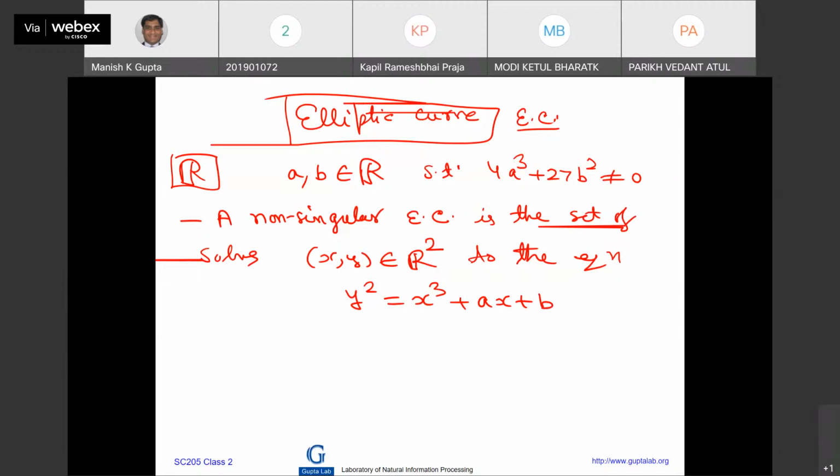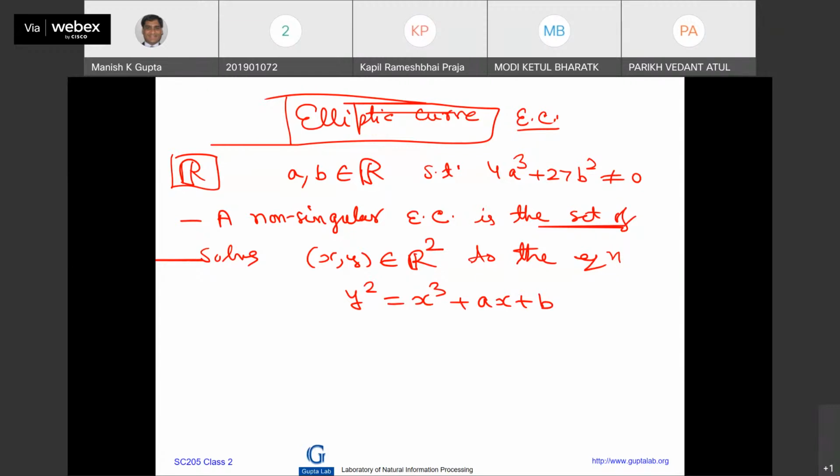Beautiful equation. This is the equation of the curve. x and y are real numbers. Basically, a solution of this equation is any pair (x, y) which satisfies this equation, in R squared. Normally our task is to find these points (x, y).